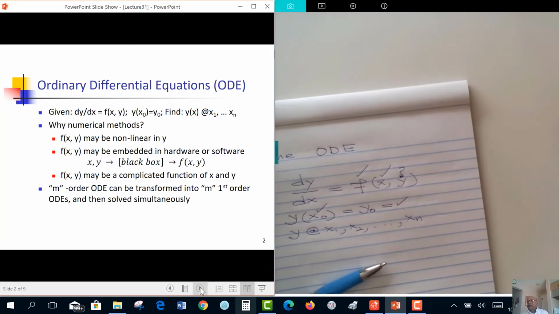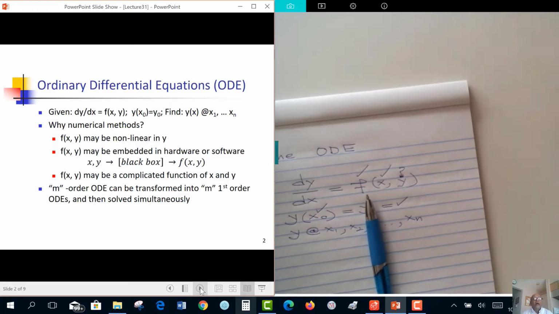So the question is, if you already took differential equations, you learned methods to solve a differential equation. Why do we want to learn numerical methods? Because the methods that you have learned in differential equations are mostly for linear functions. So the f function may be nonlinear in y, and many of those methods may not work.